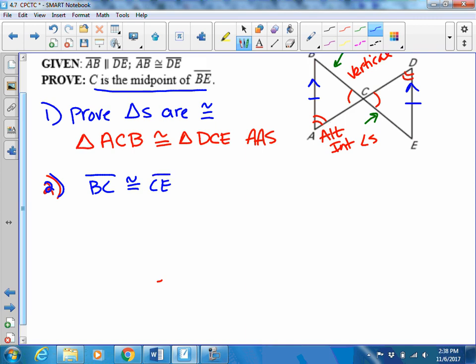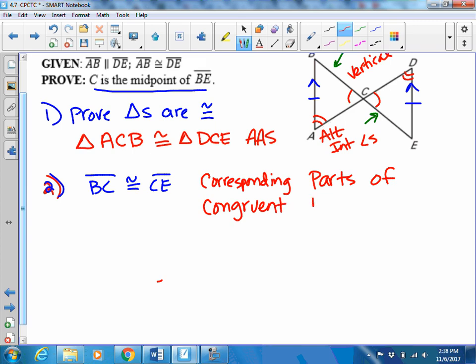And the reason I know that is what we're now going to use. I'm going to write a sentence out, but we're going to shorten it as an acronym. I know that because corresponding parts of congruent triangles are congruent.